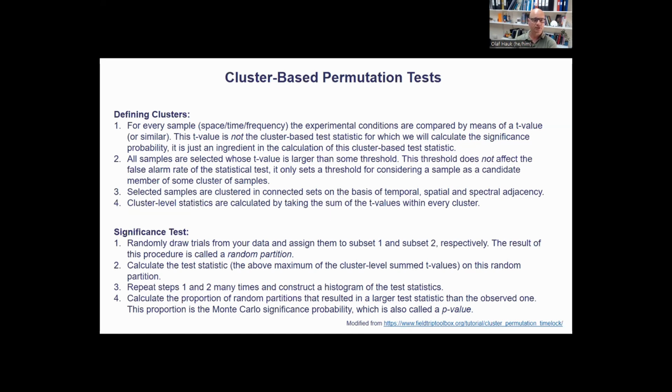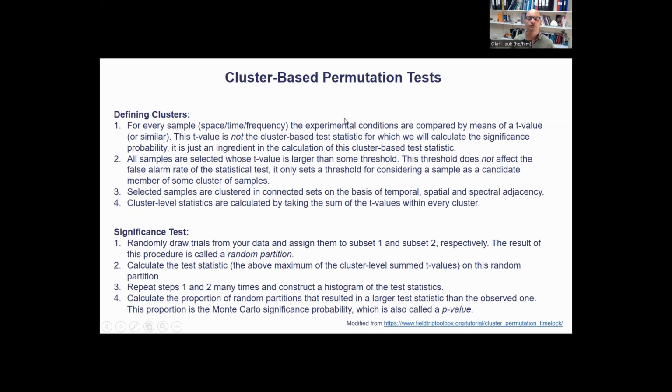So you run some statistical tests on the cluster level to check whether or which of these clusters are potentially significant. So first of all, you have to define your clusters. And that means for every sample, and it depends on your data, it could be in space and time and frequency, or all of the above.